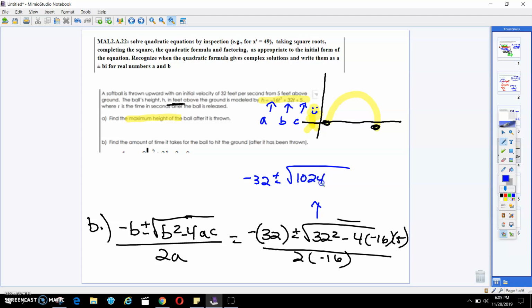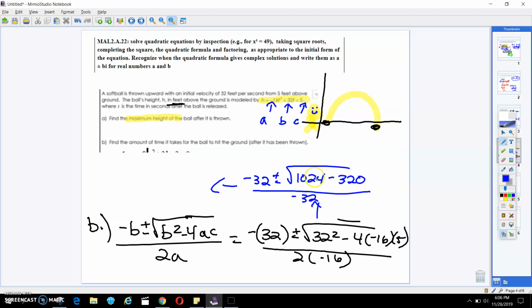And then negative 4 times negative 16, 4 times 16, that's going to give me negative 64. And negative 64 times 5 is going to give me negative 320, all over negative 32 because 2 times negative 16. Sorry for the mess.